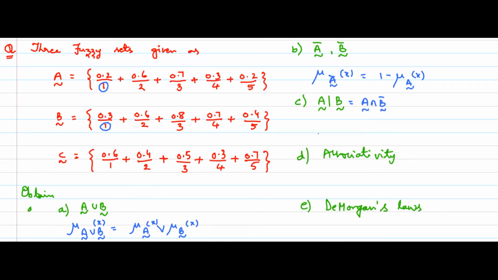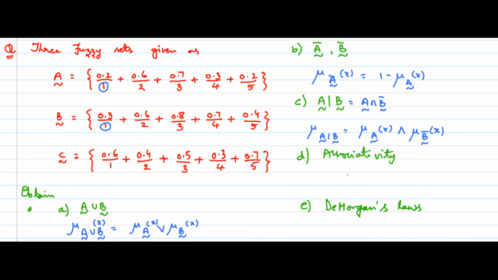So let me write A difference B is equal to an intersection, right? So it should be mu A of x and mu B of x. Of course it should be B bar. If you want to elaborate this, you can write this formula also, that means within brackets 1 minus mu B of x. Okay, it's very simple. So this is for A difference B.